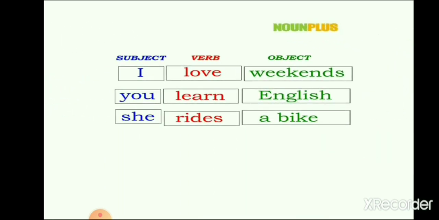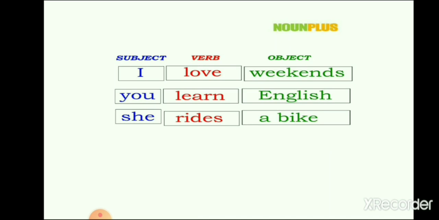It is an action word done by the subject. Here are some examples for you. I love weekends. You learn English. She rides a bike. Here we have three things in a sentence, which we have already seen in our first chapter on sentences. A sentence should have a subject and a verb.